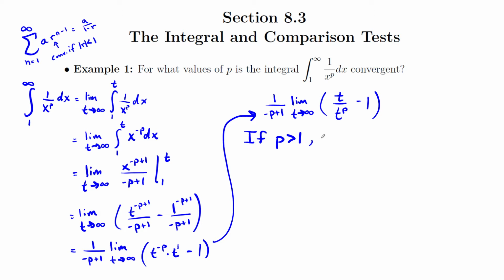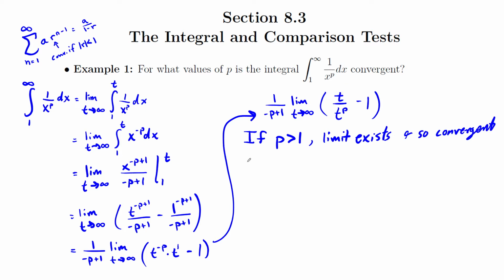If p is greater than 1, then the limit exists, right? And so we have a convergent improper integral, right? And that's just because if p is greater than 1, then the bottom basically wins out over the top, right?